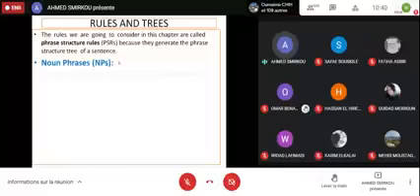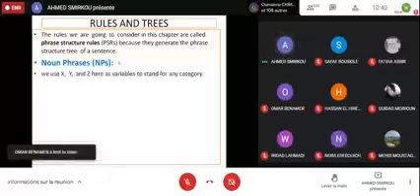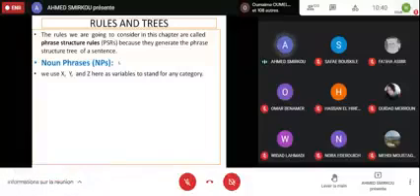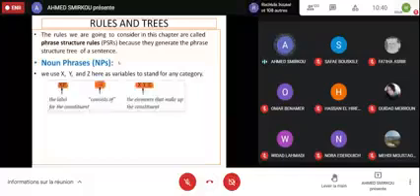So we are going to use these variables x, y, and z as variables to stand for any category. Okay? Look at this diagram. So here, XP, P means phrase. And X, we can replace it with noun and we get noun phrase.